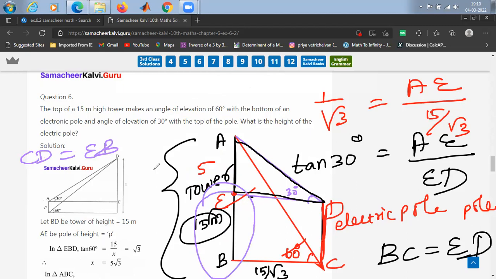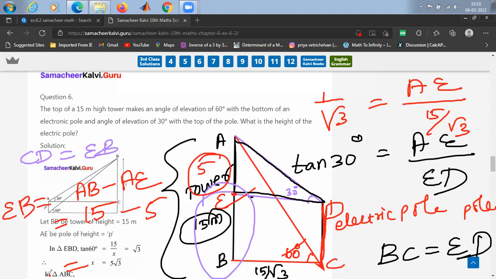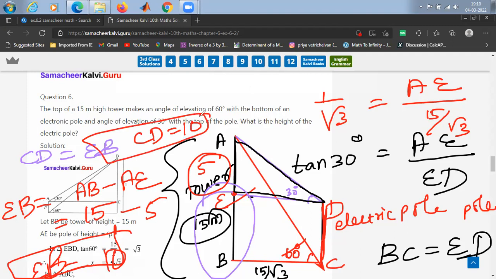EB is nothing but AB minus AE. What is AB? AB is 15 and AE is 5. So by subtracting 5 from 15, you'll be able to find the value of EB. Isn't it? So EB is equal to 10. And we know EB is equal to CD. So CD is 10. Understood, Manasi?